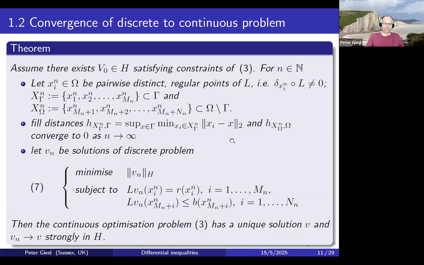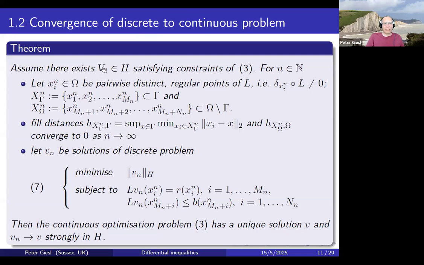So we get more and more points, and then if V_n are the solutions of these discrete problems, then the V_n's converge strongly to V, which will be the norm-minimal solution of the continuous problem in H. Yeah, so it's basically just lots of details, but it really means discrete problems with more and more points in there, the solutions converge to the solution of the continuous problem.